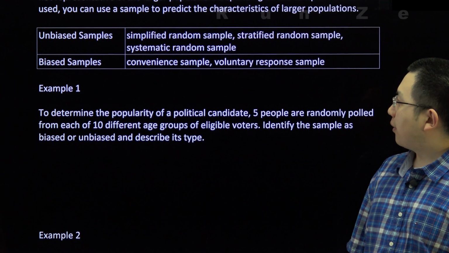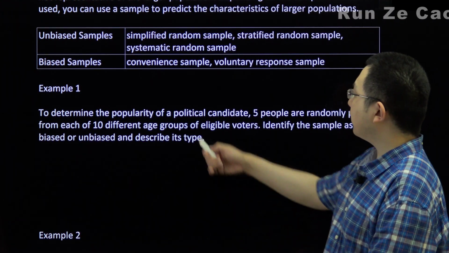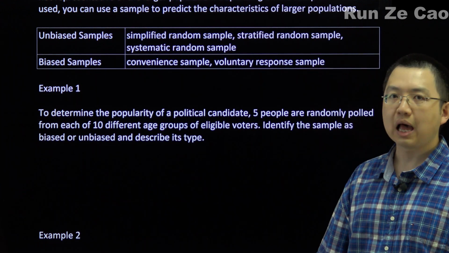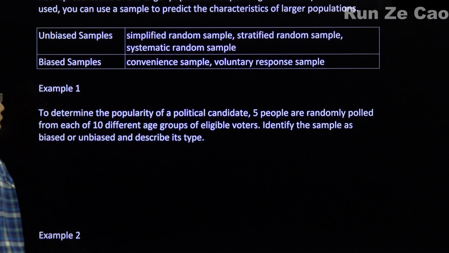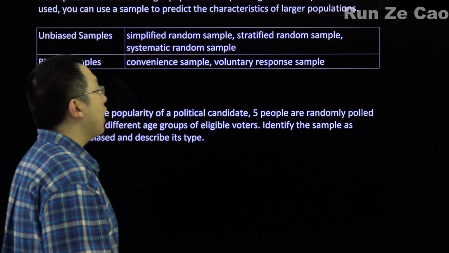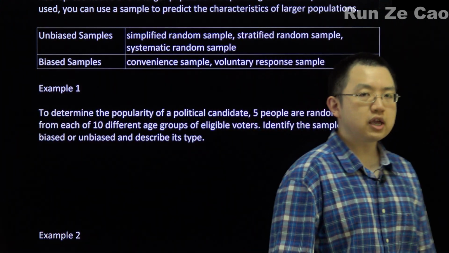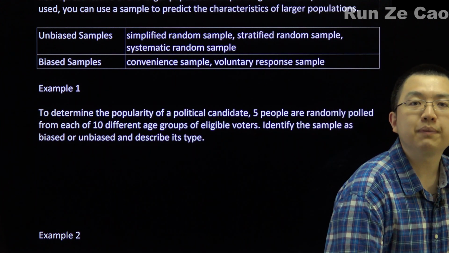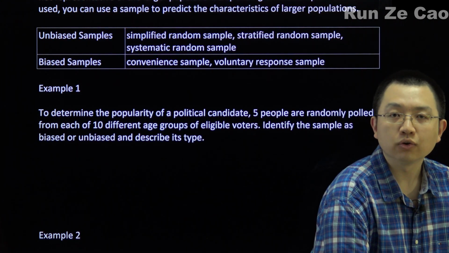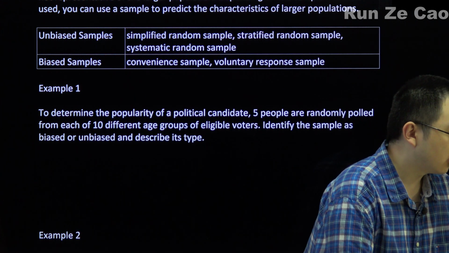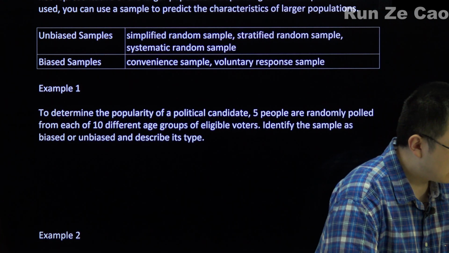Now, biased samples include convenience samples, like the example I mentioned earlier with the restaurant next to the gas station. Or voluntary response samples. You get results like, oh, only people who care strongly about an issue bother to reply, therefore you don't know what the majority of people are thinking.